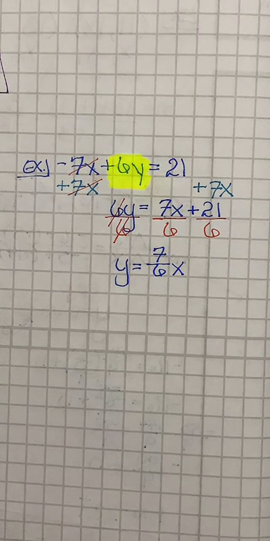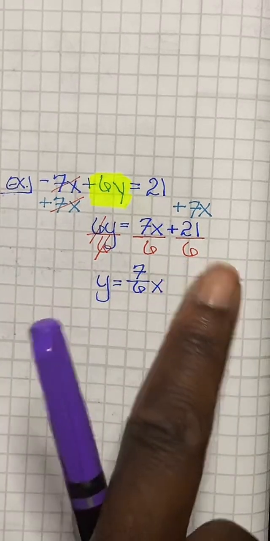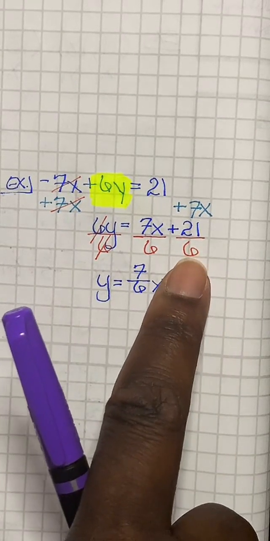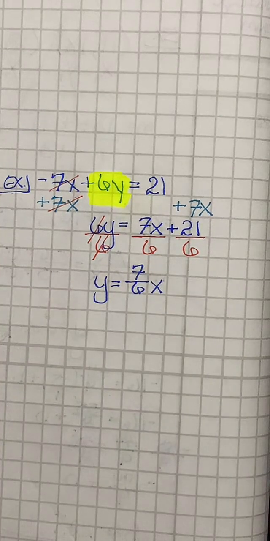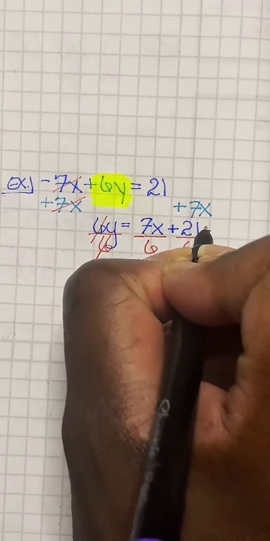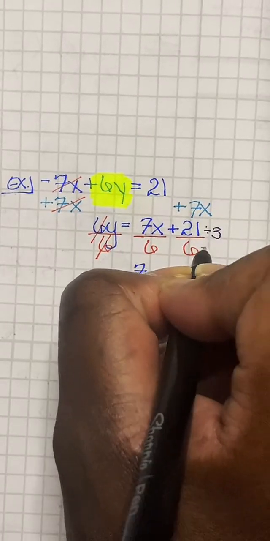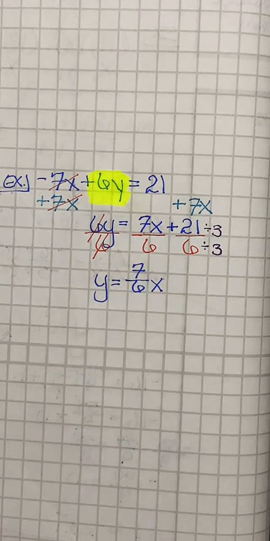Someone said that the 21 and the 6 cannot divide evenly. True, but it can be simplified. What do 21 and 6 have in common? Okay, good. You guys are reading my mind. So you're right. I'm going to simplify the numerator and the denominator by 3.